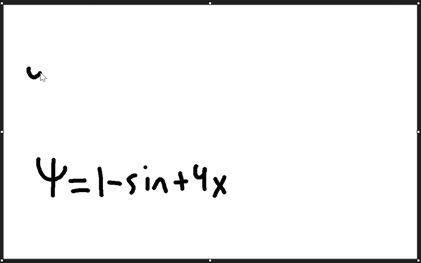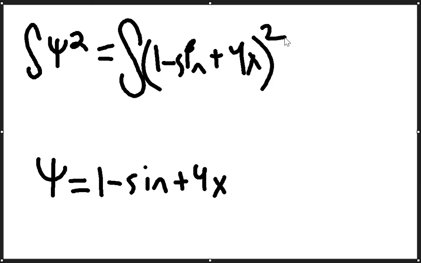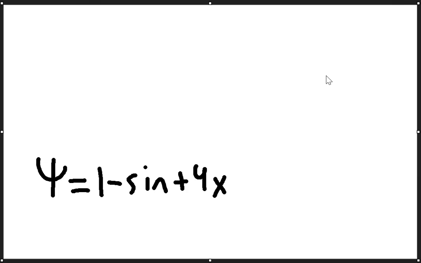And then you have to take the integral of essentially psi squared, because there's no imaginary components. That's going to be a nasty, horrible integral for x. Yeah, this whole thing squared, and that's going to be a lot of work. And it might not even be solvable. Sometimes, it might be an impossible integral that no one can solve.